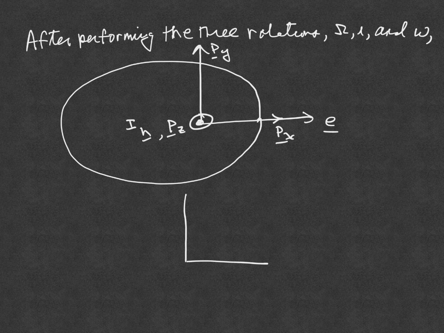So this again is point O. Here's my ellipse. And this point right here that passes through along the direction of the eccentricity, that's the periapsis.